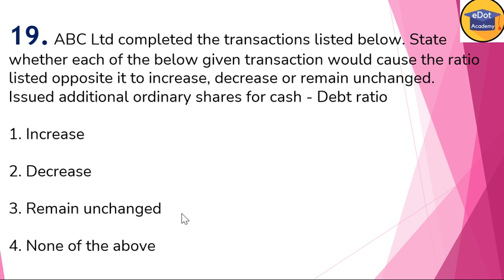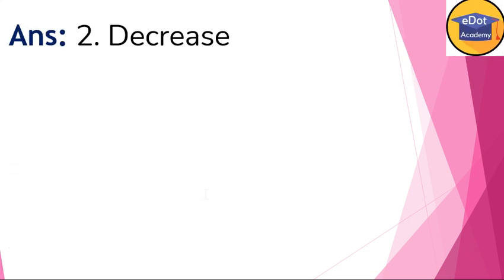And what is the company doing here? The company is issuing shares for cash. So assets are increasing, which means the denominator is increasing. So the debt ratio will decrease. So option 2 is correct here.